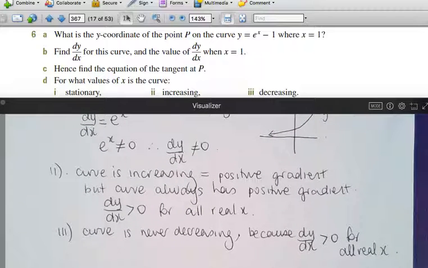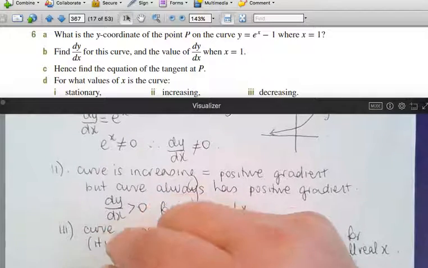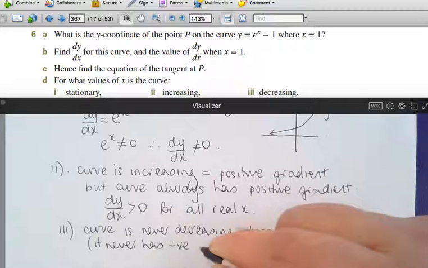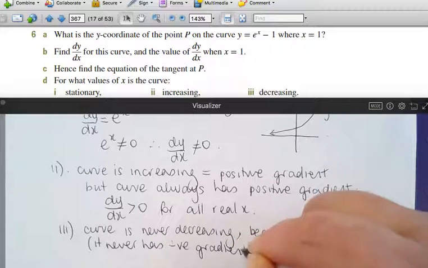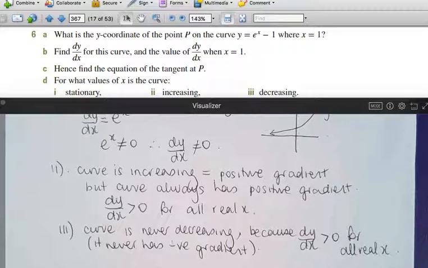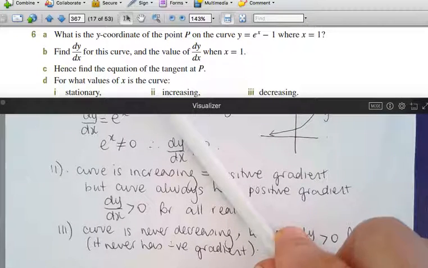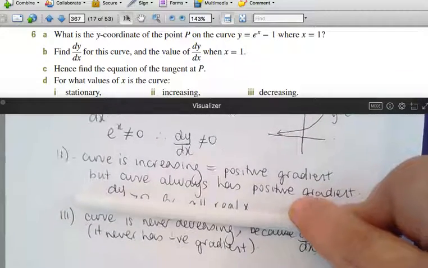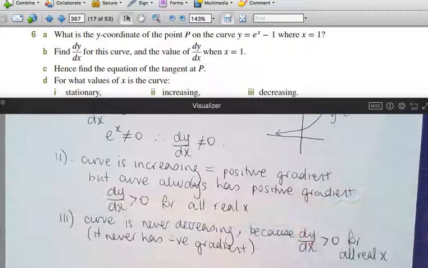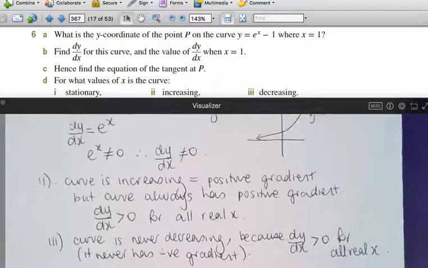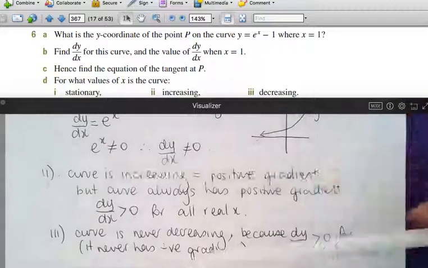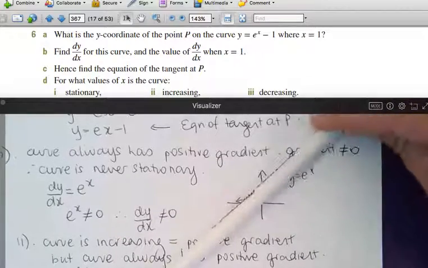It never does. So you want to relate increasing with positive gradient, and decreasing, where the curve goes down, with negative gradient. The curve is stationary when it's not going up or down and the gradient is 0. So this curve is only ever increasing, and you could have just seen that from the positive gradient all the time.